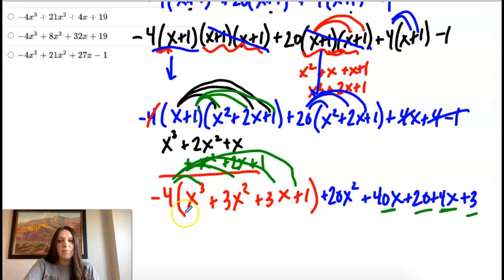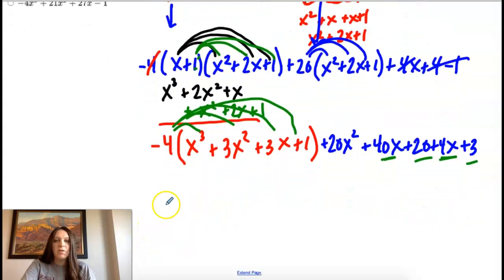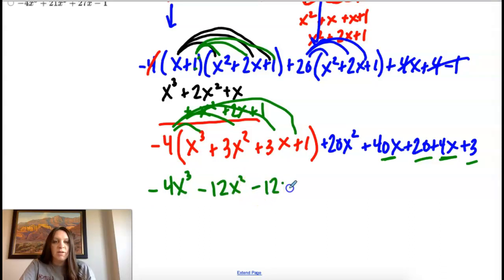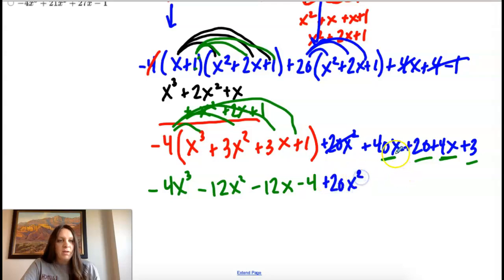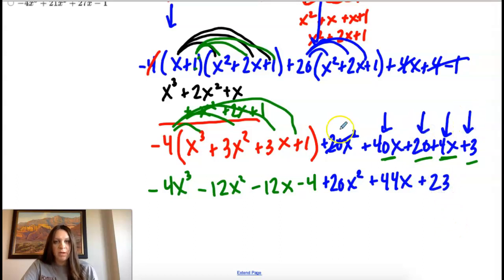So I have negative 4x cubed minus 12x squared minus 12x minus 4. The 20x squared doesn't have anything to combine with. But I have 40x plus 4x, so I'm going to write plus 44x. And I have 20 and 3, so plus 23.